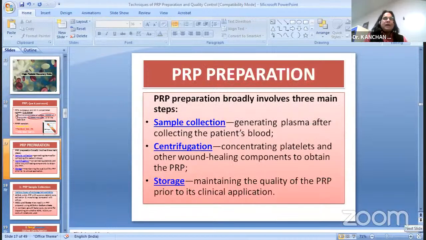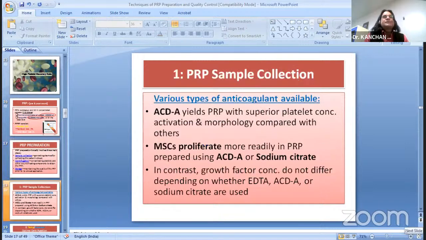For PRP preparation, there are three simple steps: sample collection, the centrifugation process, then the storage process. I will explain in detail one by one. For PRP sample collection, you can collect the sample in EDTA, ACDA or sodium citrate.